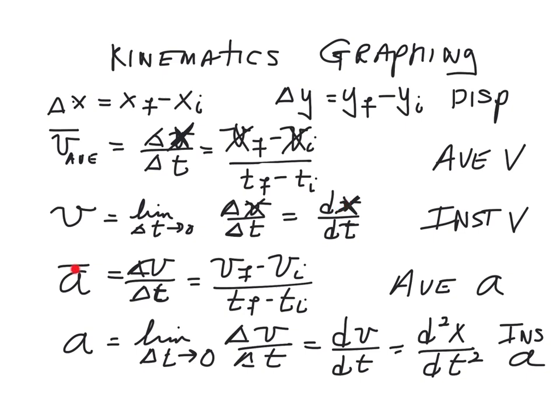And then similarly, acceleration is a change in velocity over time. And if the acceleration's changing, which it doesn't on a flat track, but it would on a curved track, right?